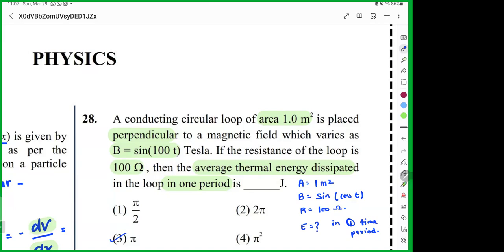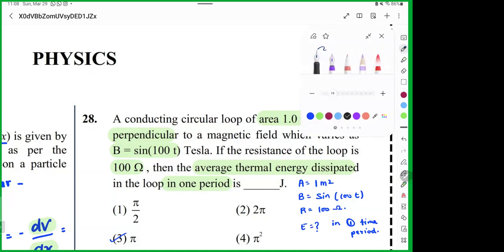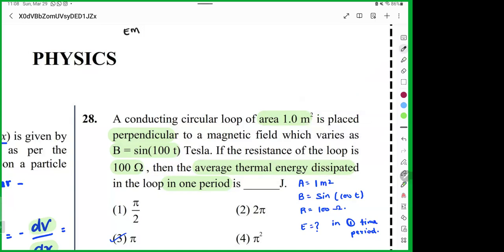So this one I don't know how to do. Okay. Based on this data given and what you have to calculate, you know this is a question from electromagnetic induction, correct? EMI, electromagnetic induction.